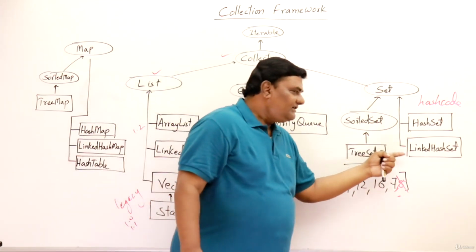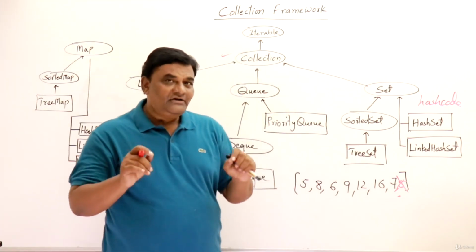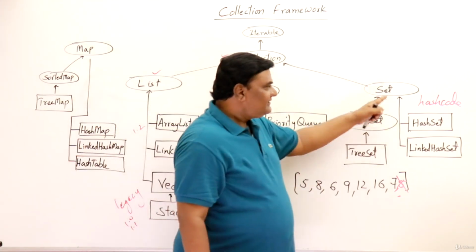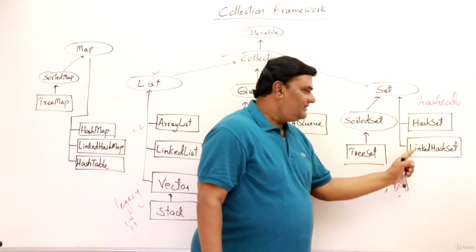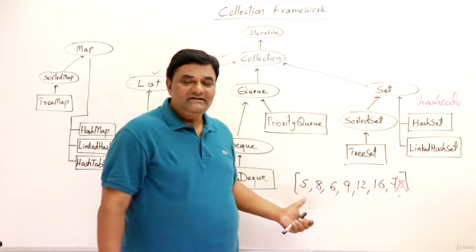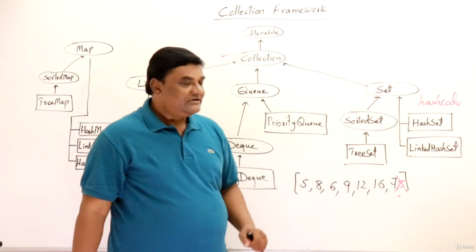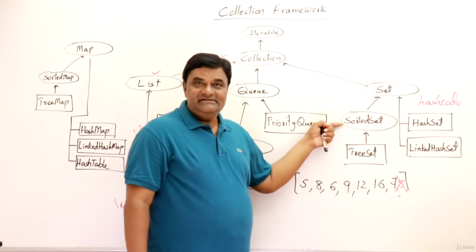This may be using an array and this is using a linked list. We have to study this in detail. The only thing we learn now is that these are sets, hash set and linked hash set. Both are sets, so they have an unordered collection of distinct elements. Duplicates are not allowed. Now sorted set, elements are sorted.